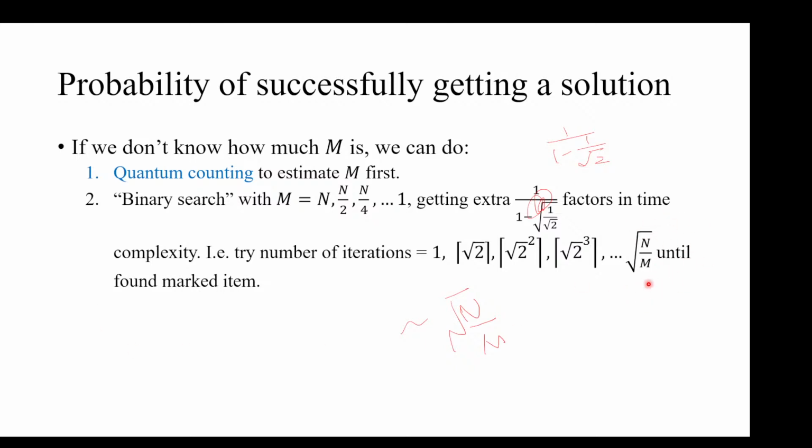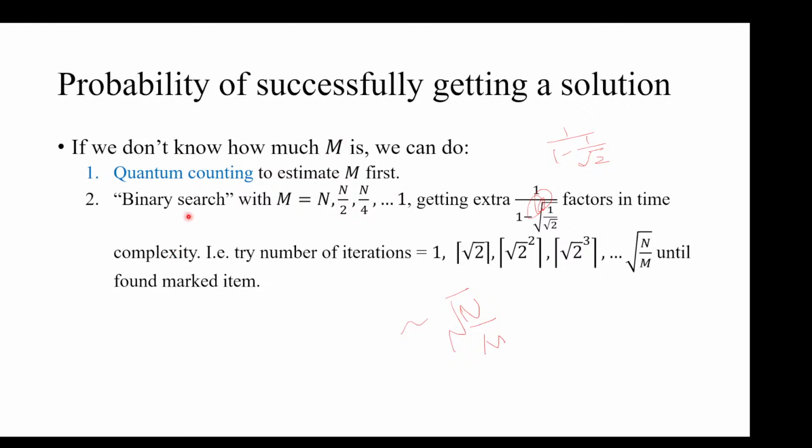Because we say if you use this number of iterations, you have very high probability to find the marked item, okay? And so you sum up this series, and you see that this is a geometric series ending with square root n over m, and so that's about square root n over m times this extra constant factor. And yeah, so that's a way to do Grover search without knowing m.